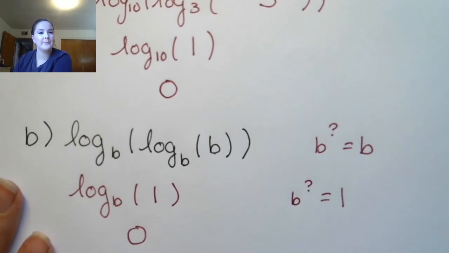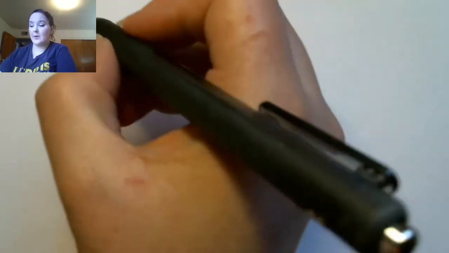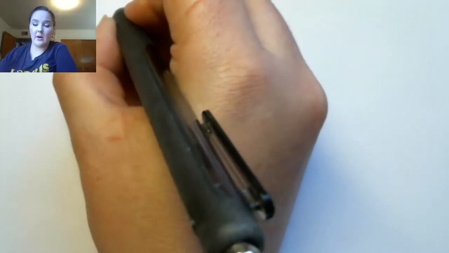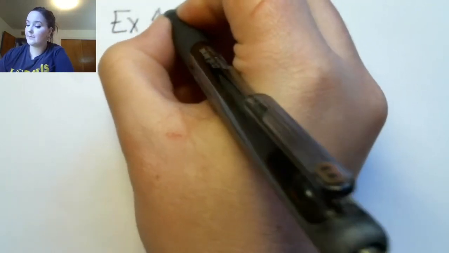Okay, all right. Now, the last thing that we're going to talk about, oh, I lied. We're going to do some examples with a calculator really quick just to make sure that you guys are comfortable using a calculator. So this is example 4.